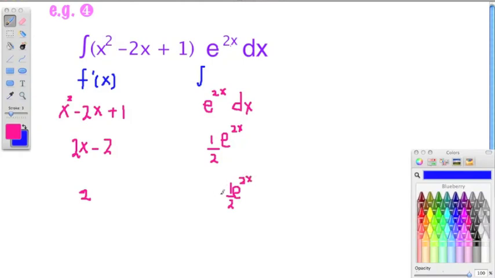Again, differentiate, and then divide. So we will get 1 over 4 e to the power of 2x.